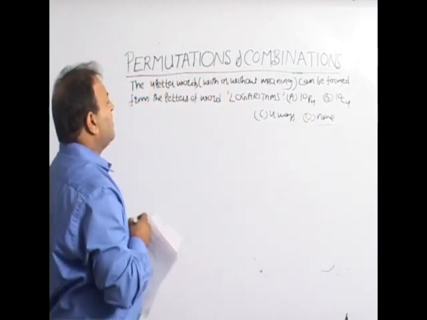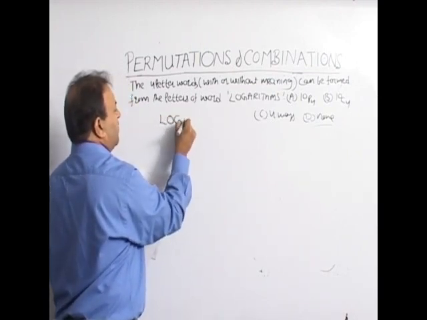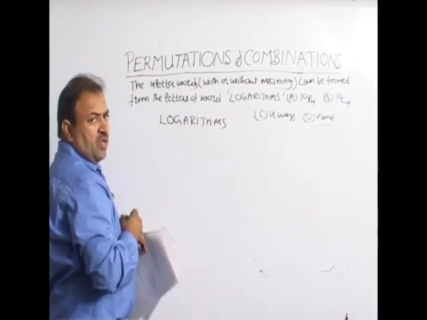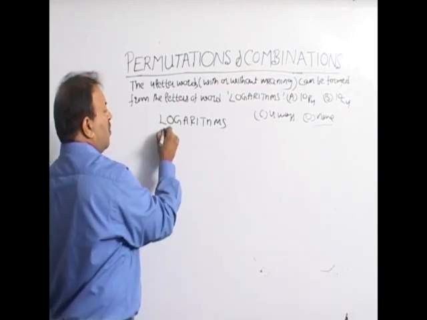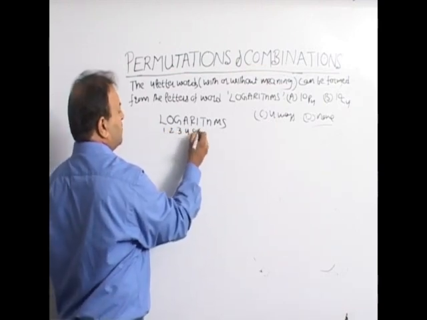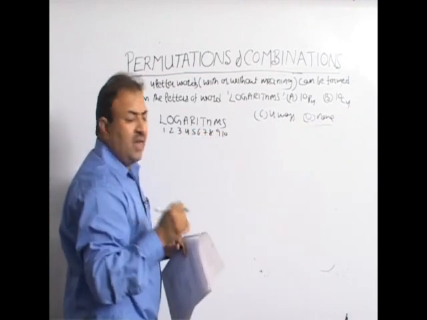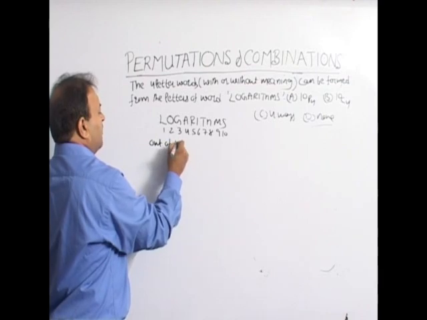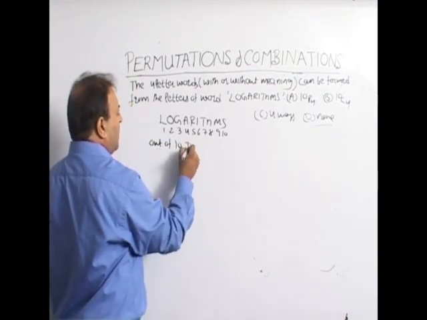So clearly, here we can count the total letters in the word logarithms. First of all, we calculate how many letters it has: 1, 2, 3, 4, 5, 6, 7, 8, 9, 10. So there are 10 letters in total, and all of them are different.